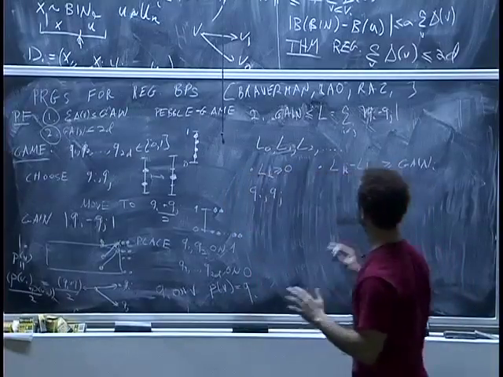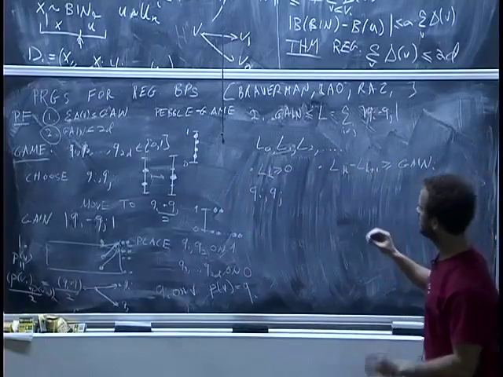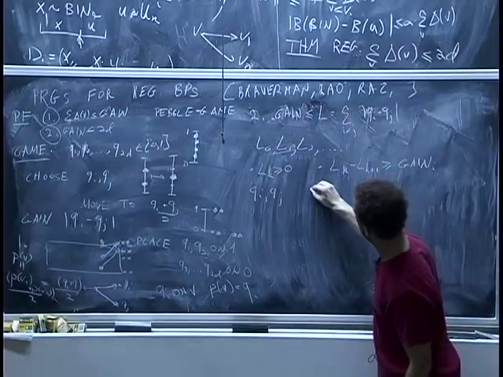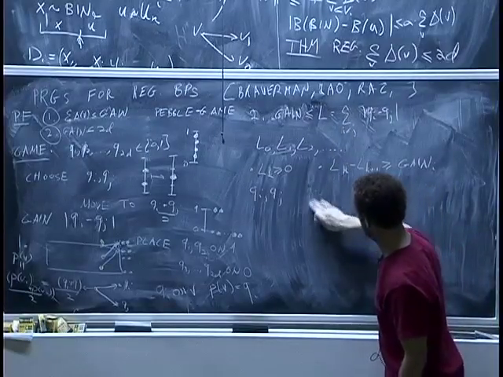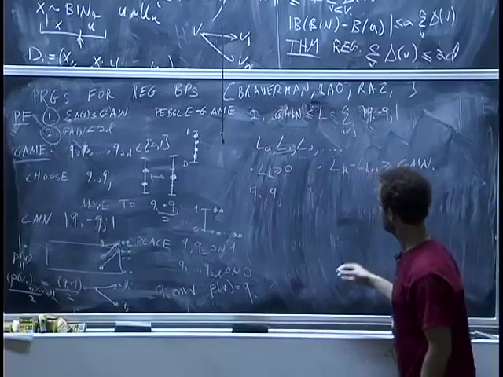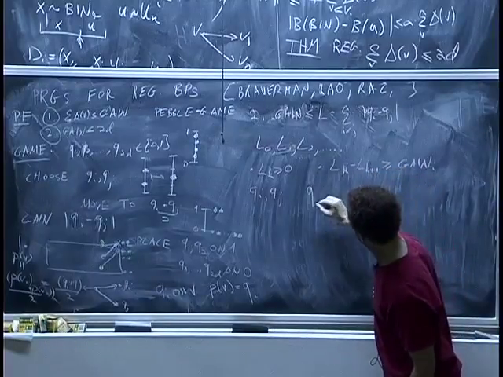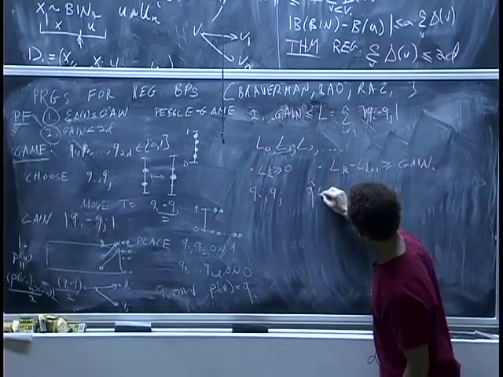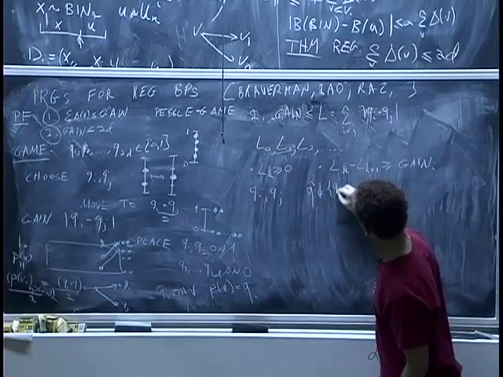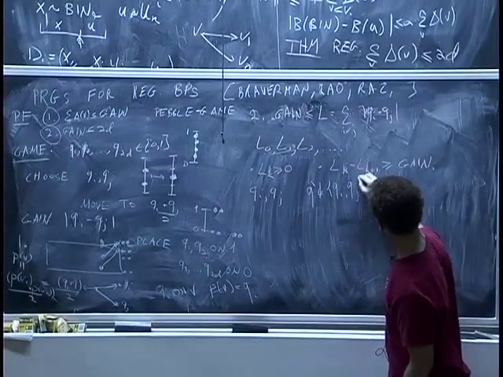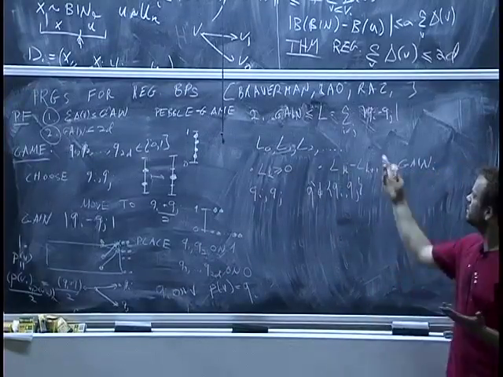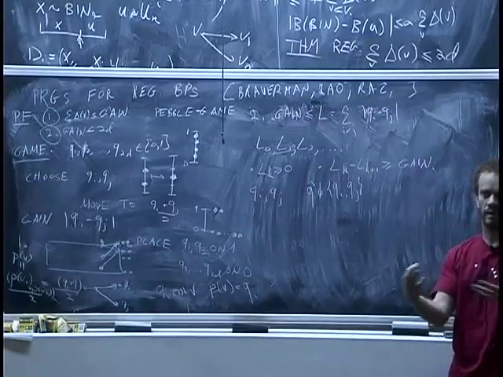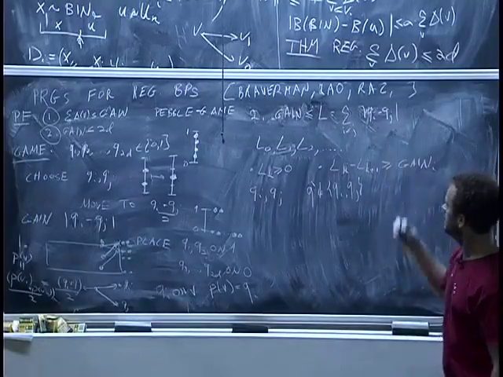There are two parts of the sum. We have the part of the sum that involves Q primes that are not Qi or Qj. And how do they contribute to this sum?